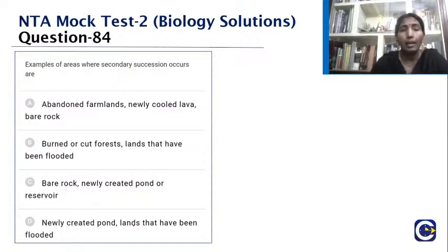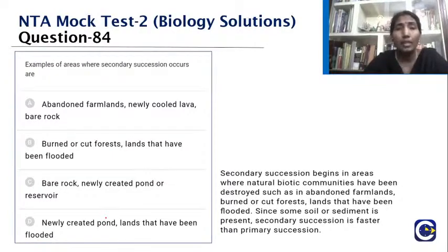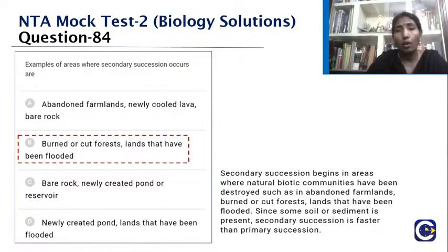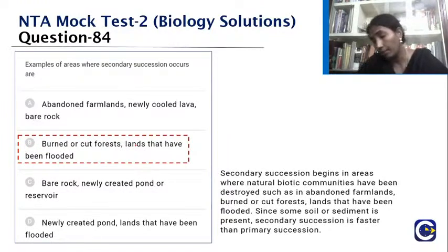So secondary succession will happen in areas where natural biotic communities have been destroyed, like burned or cut forest or lands that have been flooded. From that, the secondary succession will start, but it will be much faster than primary succession. So that should be your answer. Yes, very good Tasmim, good Neelambari.